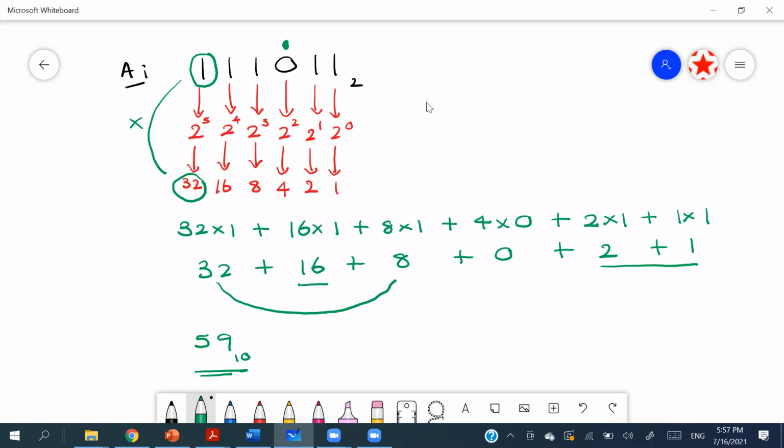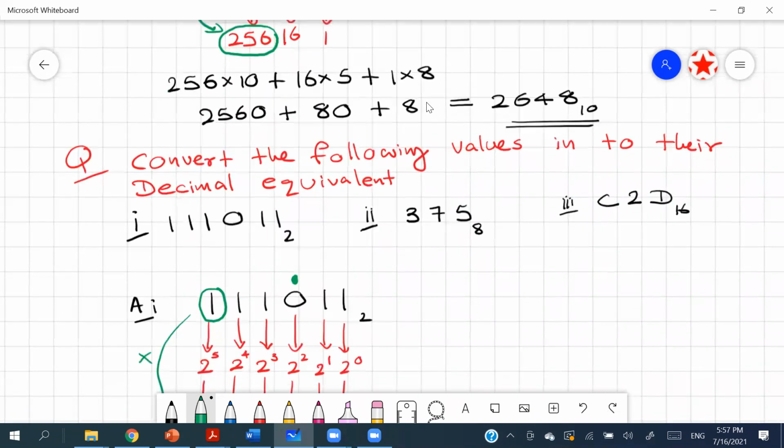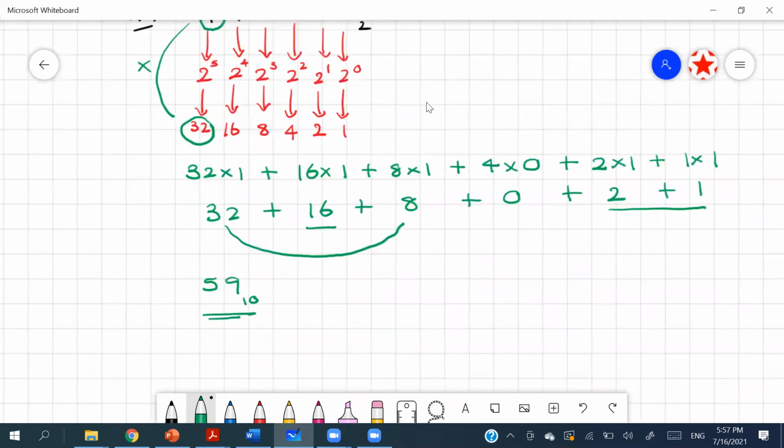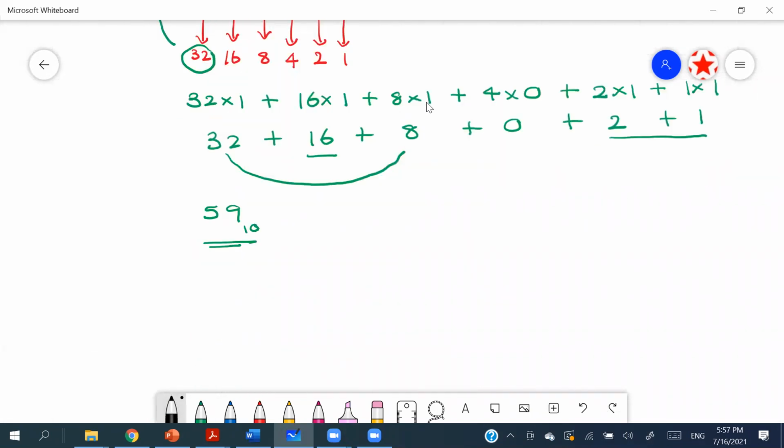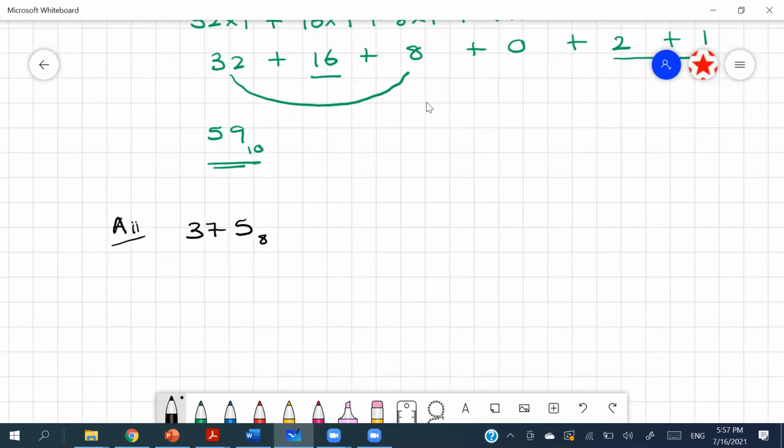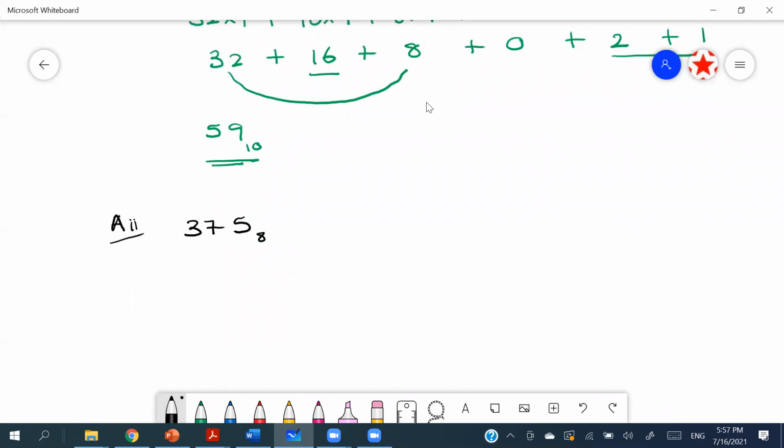Right, so the second question, 375 in octal. So this is the answer for the second question. Right, so we know what to be done, right?